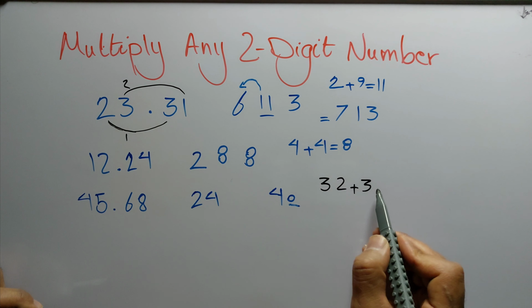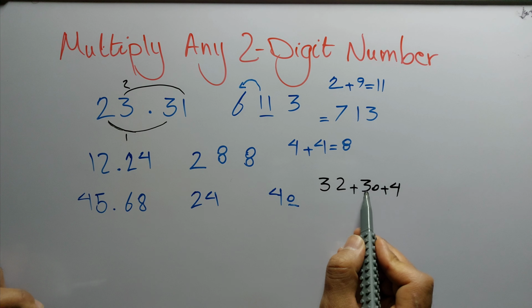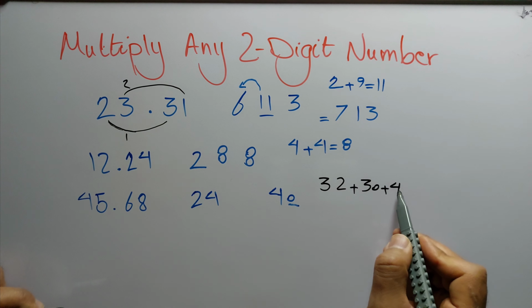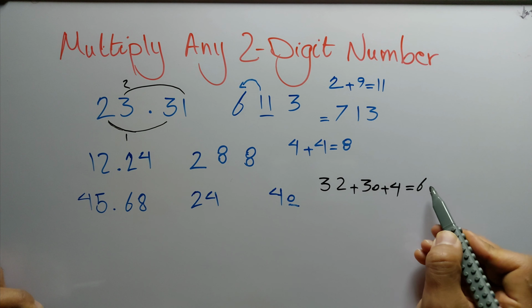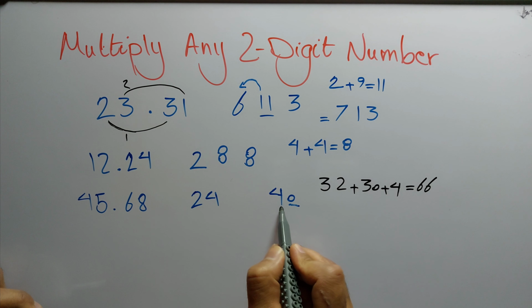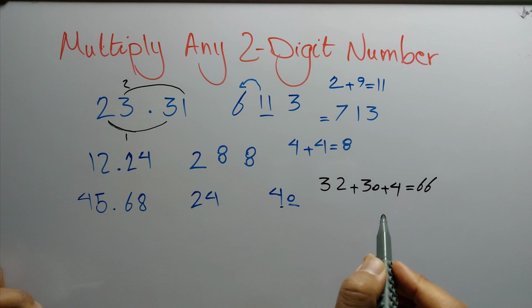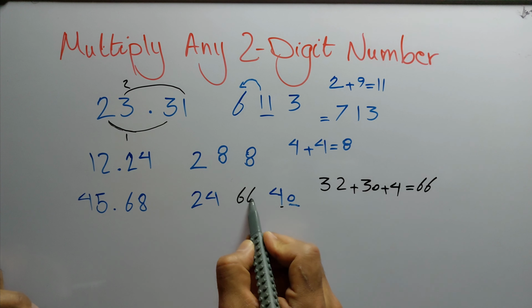So that's 62 plus 4, which is 66 here. We don't use this 4 anymore because we used it in this step. So then we write 66 here.